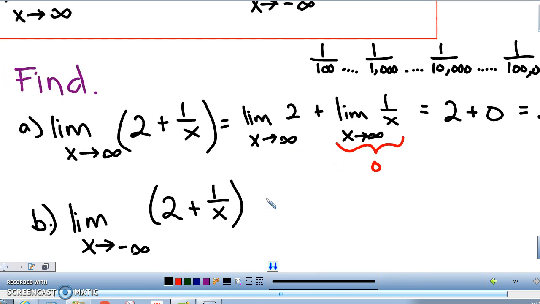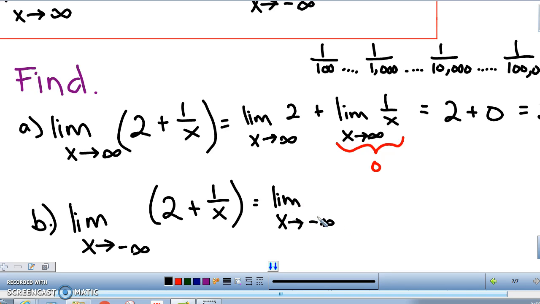Now let's look at the limit of 2 plus 1 over x as x approaches negative infinity. Oh, and by the way, guys, make sure you are writing this limit part. Write the limit.